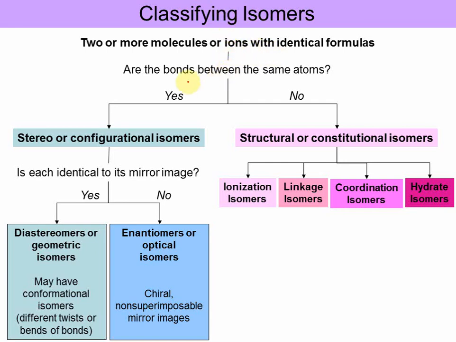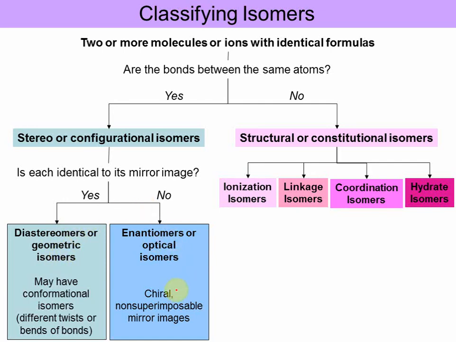If yes, these are stereo or configurational isomers. And if each is identical to its mirror image, then these are going to be diastereomers or geometric isomers. But if they're not, they're called enantiomers or optical isomers, and these are chiral or non-superimposable mirror images.